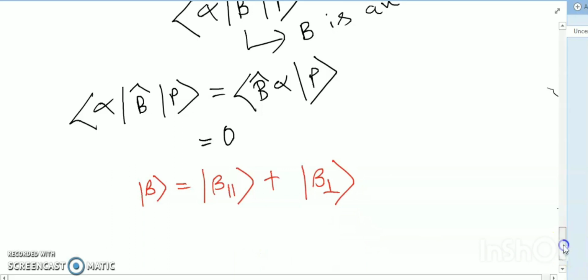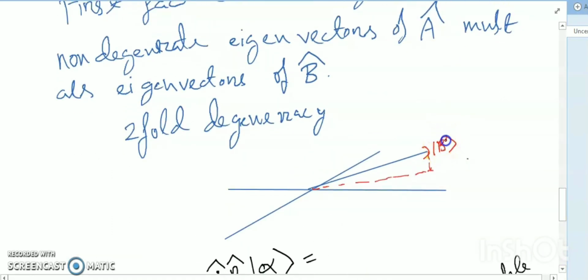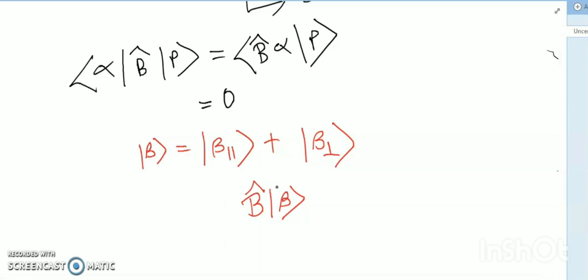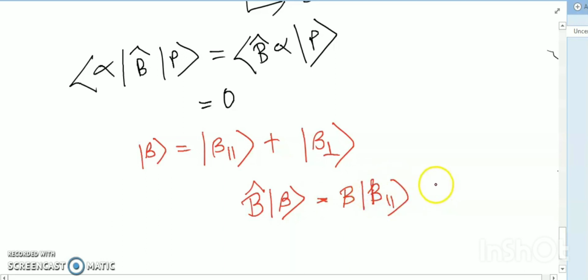So when B acts on beta, you can write it as B on beta parallel plus B on beta perpendicular.